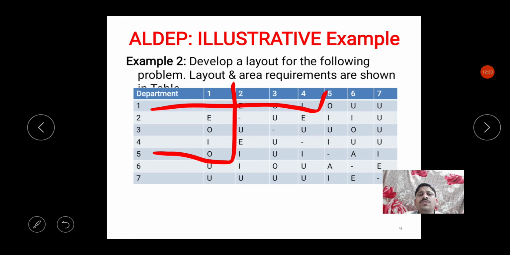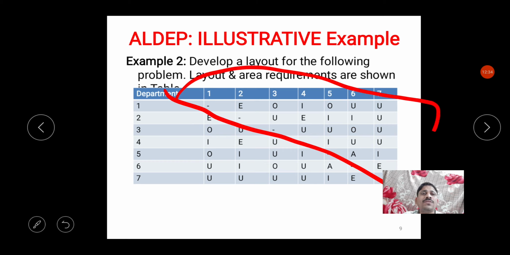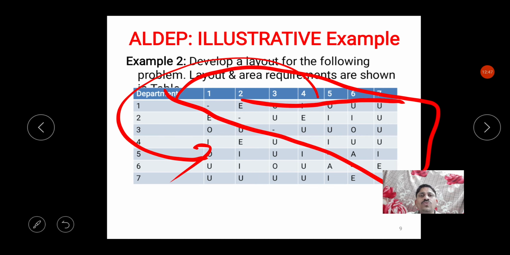So this is called a relationship diagram, where, if you observe, the same things are reflected. Whatever is there on the upper right corner will be the same on the lower left corner. EO, IO, UU, EO, IO, UU.